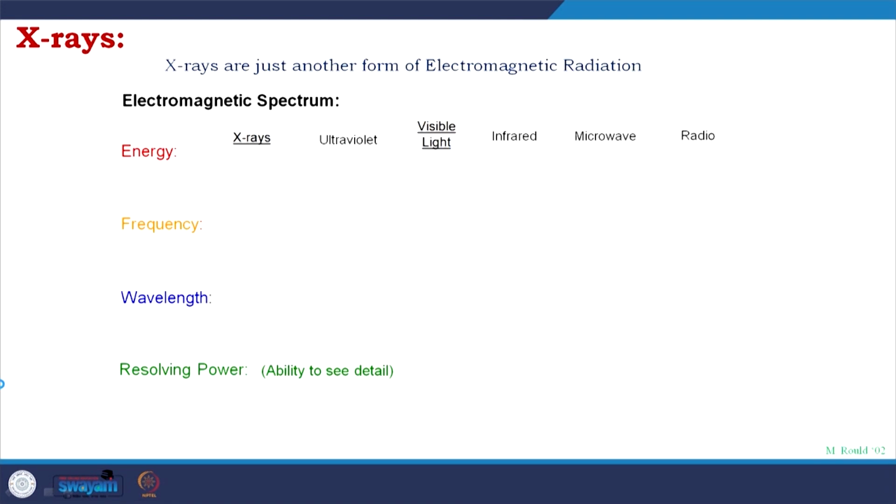So, X-ray, why X-ray? Because it is another form of electromagnetic radiation, and if you look at the electromagnetic spectrum from radio frequency to microwave to infrared to visible light to ultraviolet to X-ray, you will see that the energy from radio to X-ray is going from low to high.